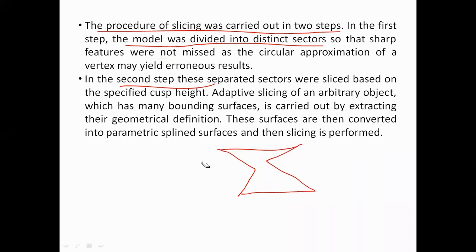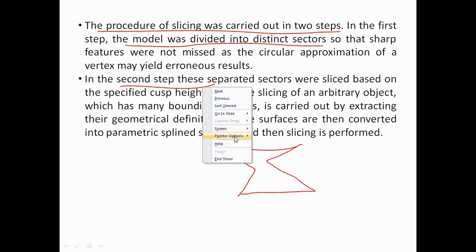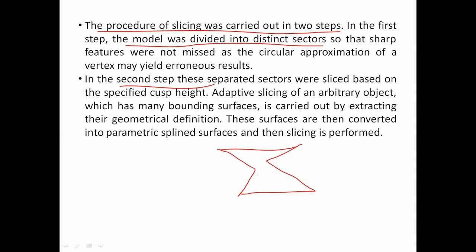In order to do that, what they told was that this is the range where no critical feature comes. So this is one area. This is the second range where all the critical features come. And this is the third range where no critical feature is there. So initially you just divide these like this.